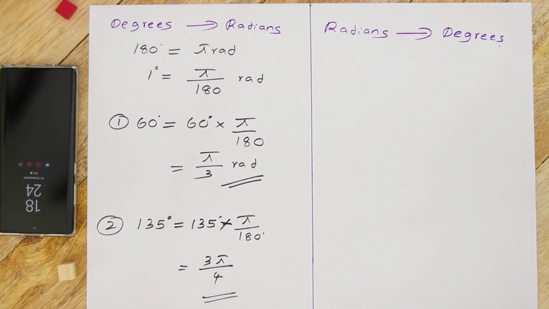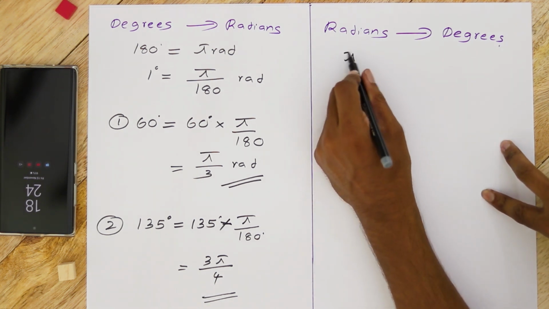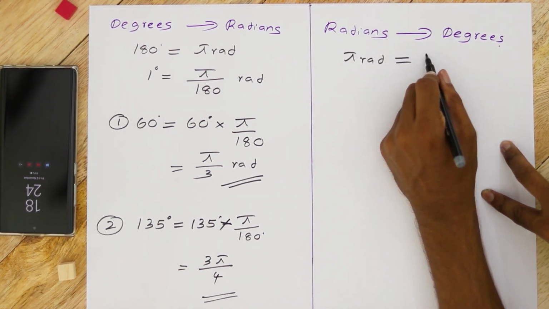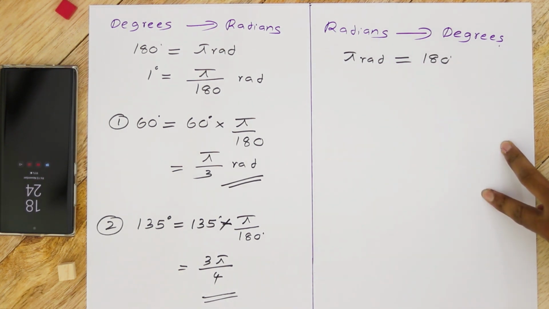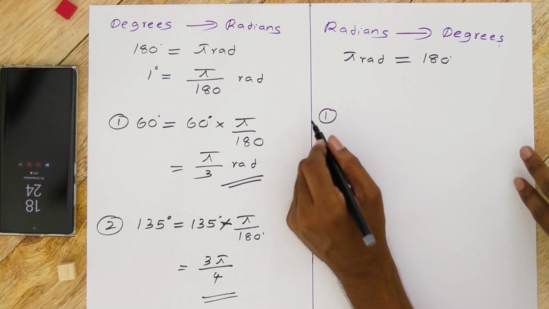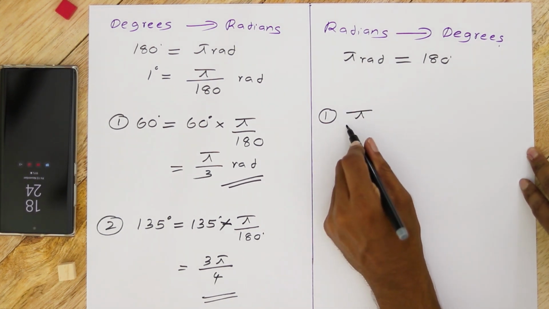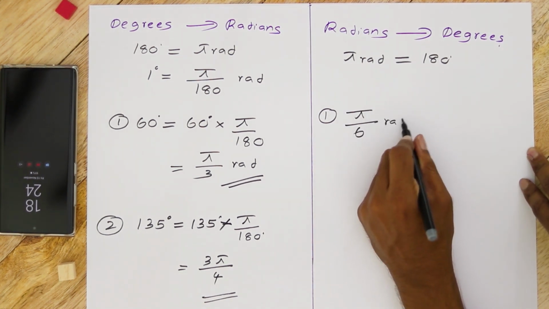Now moving on to the other side, how to convert radians to degrees. That's simpler compared to the previous conversion method. As you know, pi radian means 180 degrees. We simply have to substitute 180 degrees when there's pi in any angle measured in radians. Now example 1, let's say pi over 6 radian.